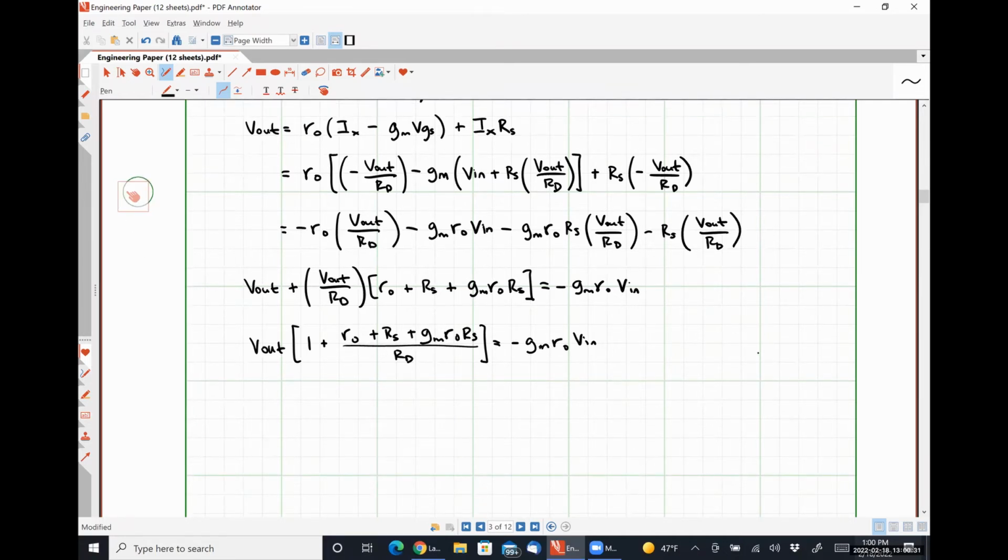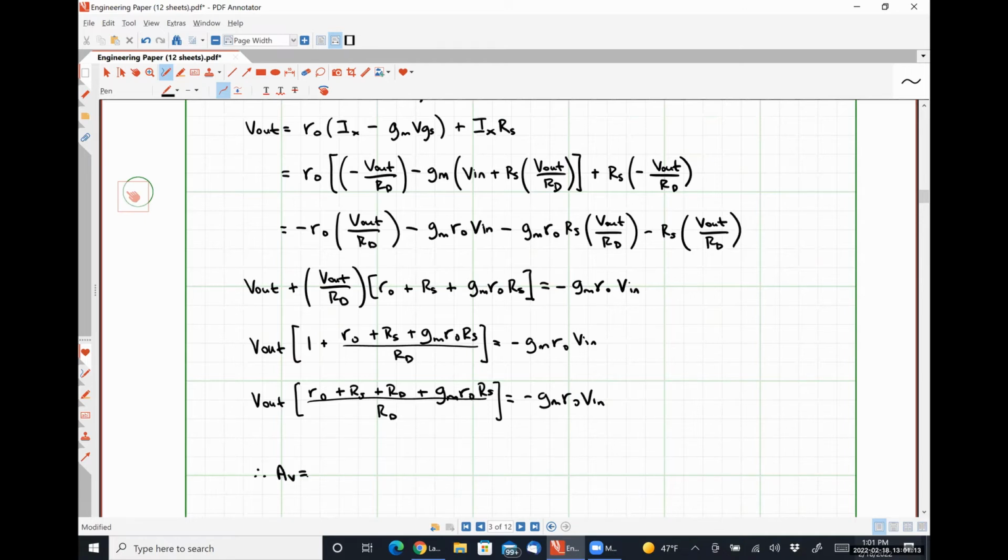And then I'm going to make this ratio look a little bit better by replacing that 1 with RD over RD, which gives me R naught plus RS plus RD plus GM R naught RS divided by RD is equal to negative GM R naught Vn, and I can finally get my voltage gain.